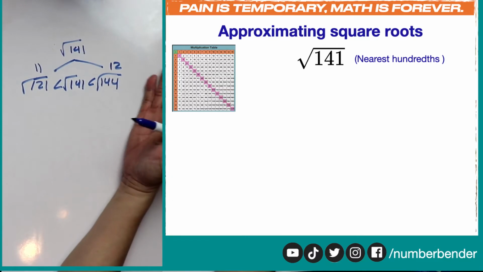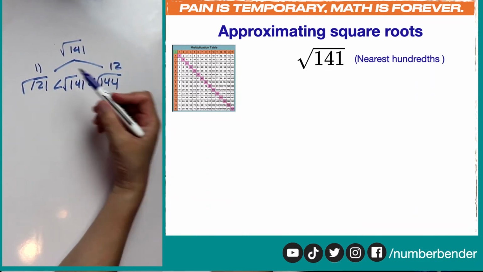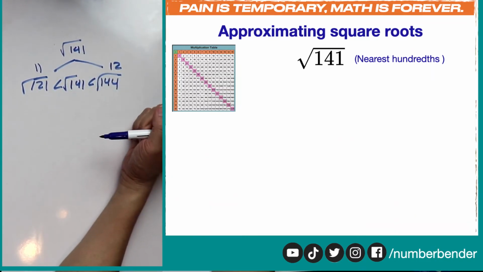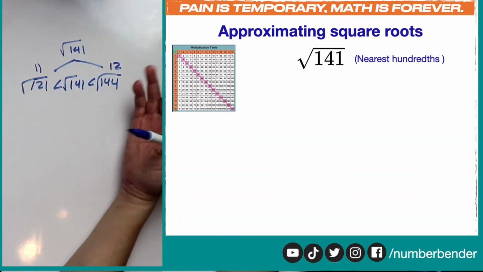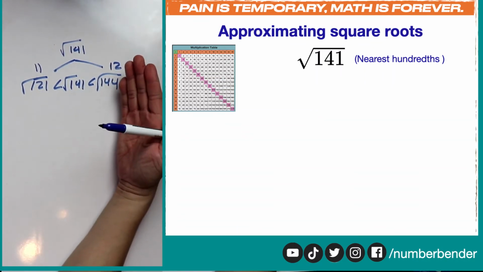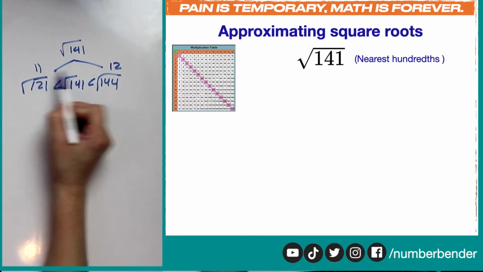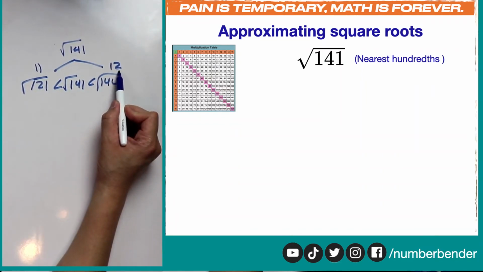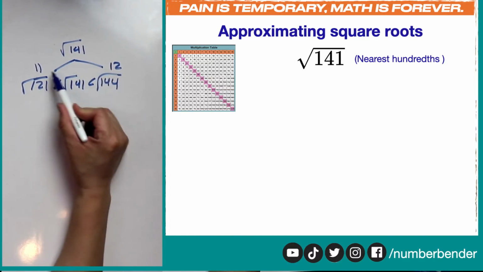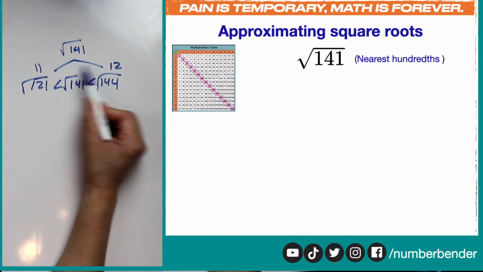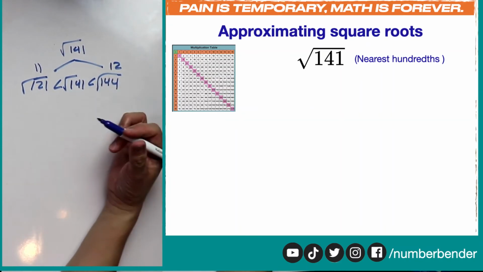So by estimating our value, square root of 141 is 11 point something, because it should be in between 11 and 12, not less than 11, but also not greater than 12.